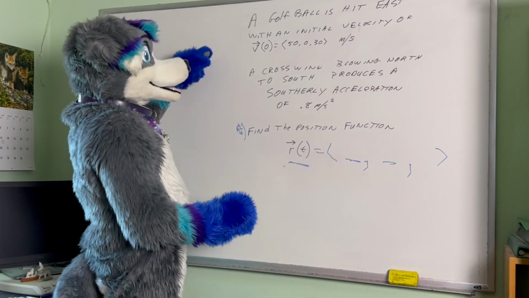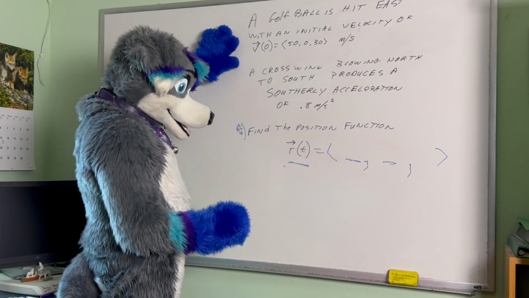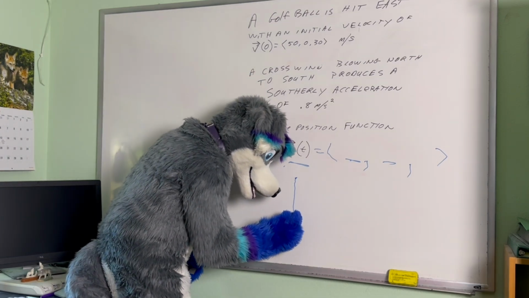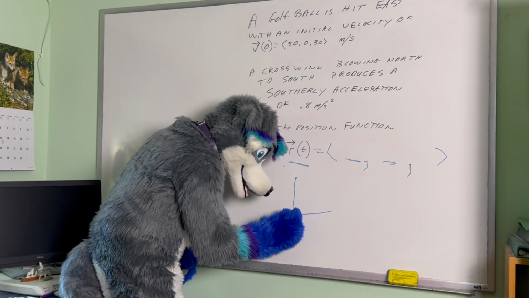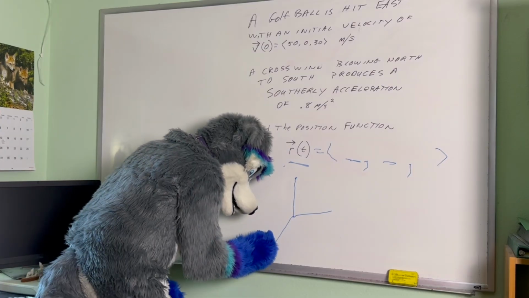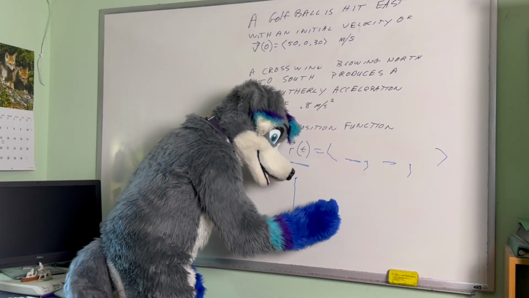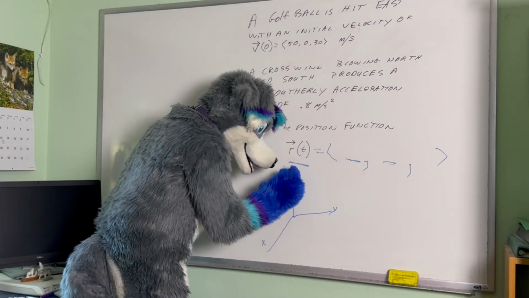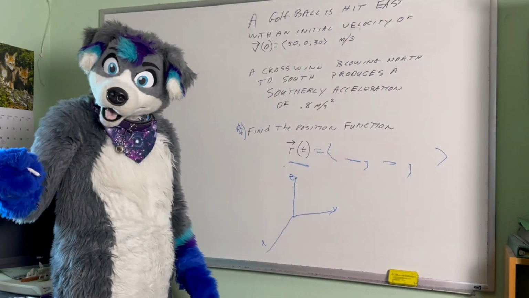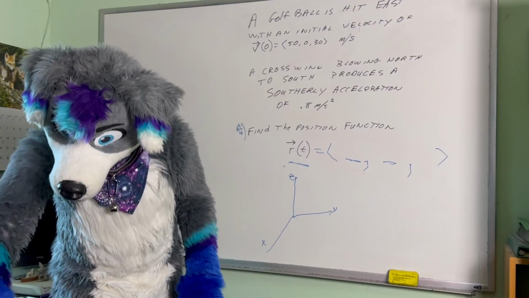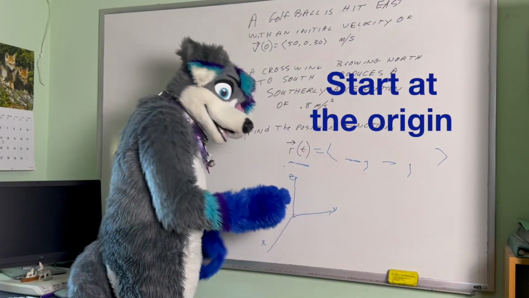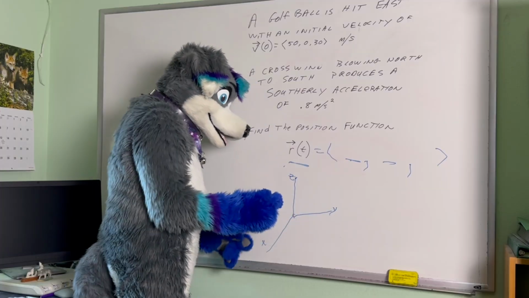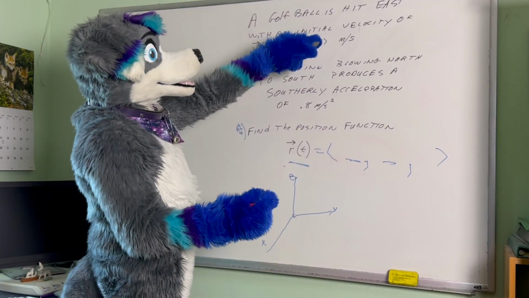So let's draw this picture and see what we're looking at. I'm going to start off by drawing an XYZ axis, and we'll put this X. Here's Y, and here's Z. And what's happening is you're starting at the origin, because everything starts at the origin, and we're going to hit it to the east.